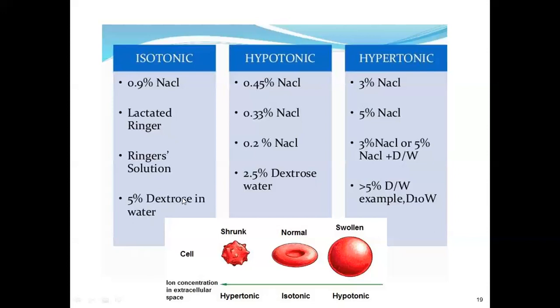So 5% dextrose in water is isotonic, but 10% dextrose in water is hypertonic. For the NCLEX board, keep in mind, never give hypertonic solution to a patient that is dehydrated, like DKA, diabetic ketoacidosis. Never give it to them.